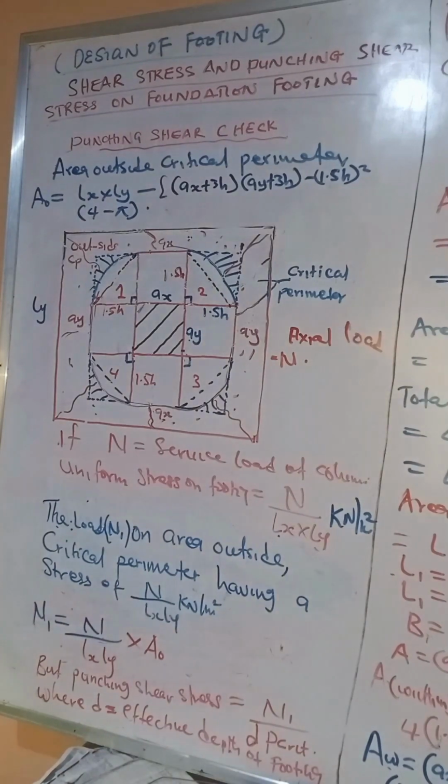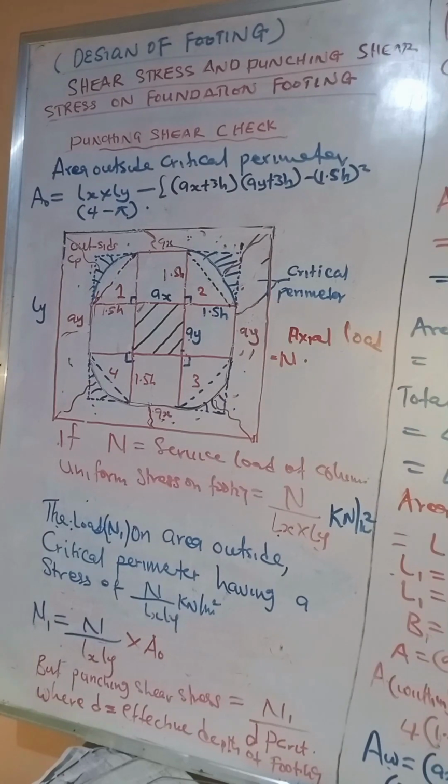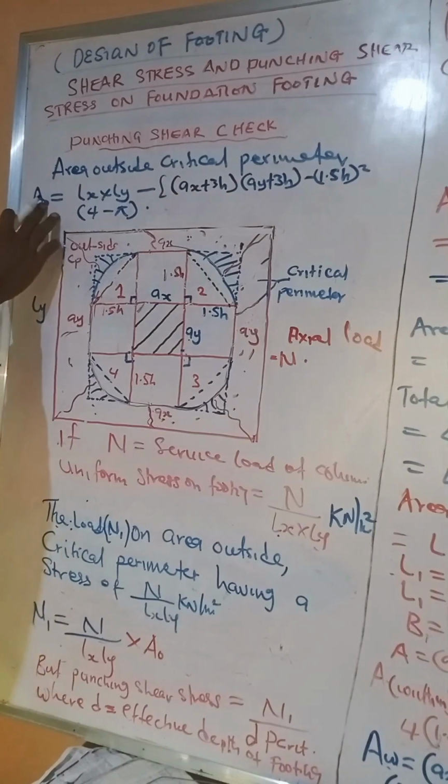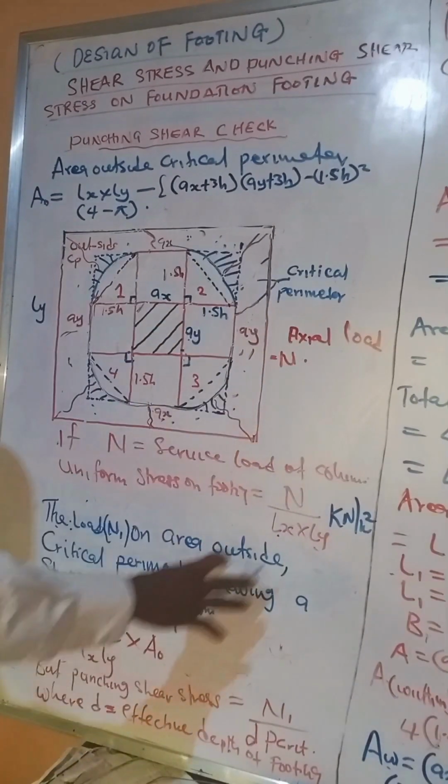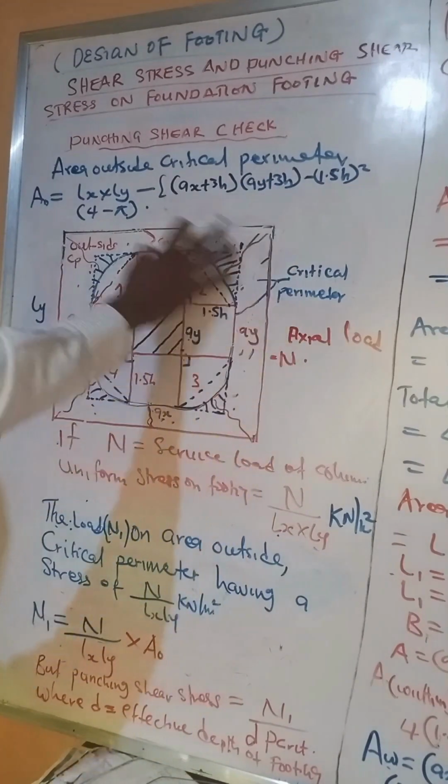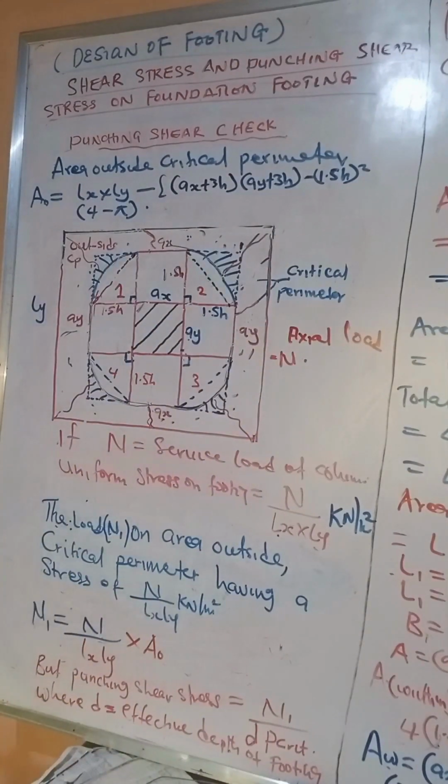If that is the total stress acting on this footing, we need the stress, which represents our punching stress, acting outside the critical perimeter. So we need the area outside the critical perimeter, which we call A0. We multiply that area by the stress acting on the entire footing, and we get the load acting outside the critical perimeter.